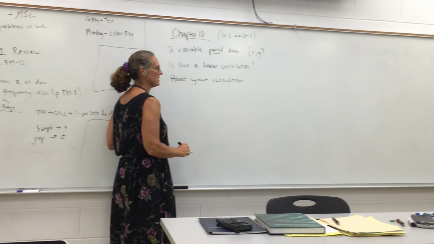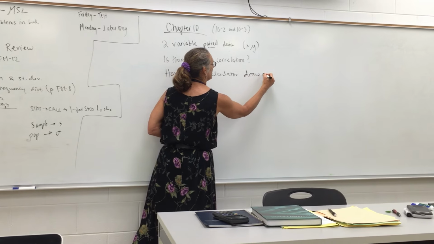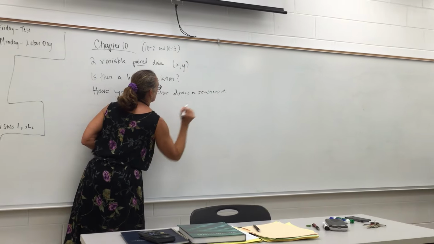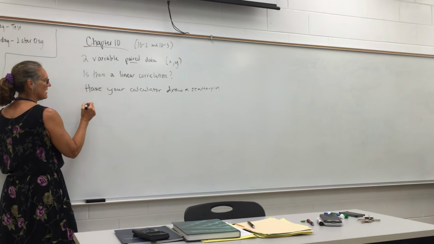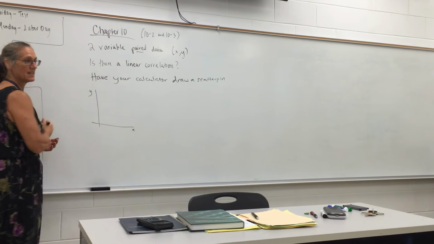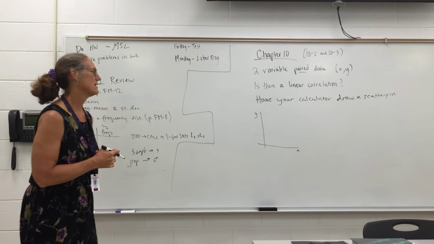I have to get that working so I can show you. And basically what it's going to do is plot the points, just like in the algebra class. You know, the X's and the Y's, we're going to have these ordered pairs.